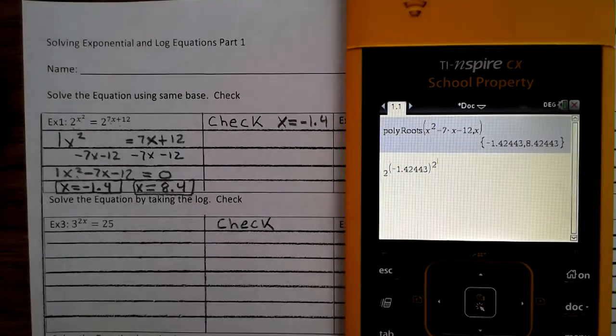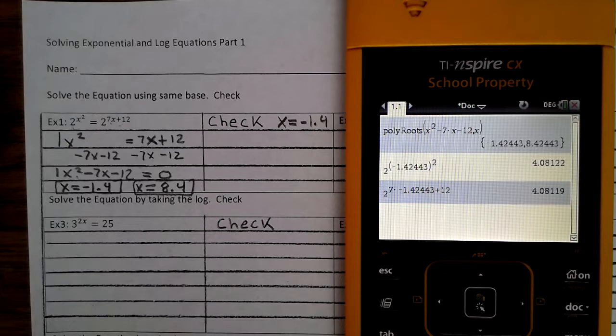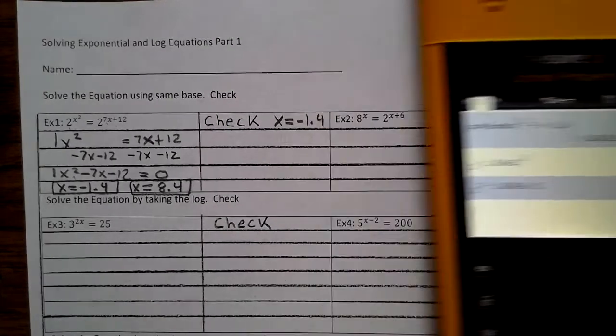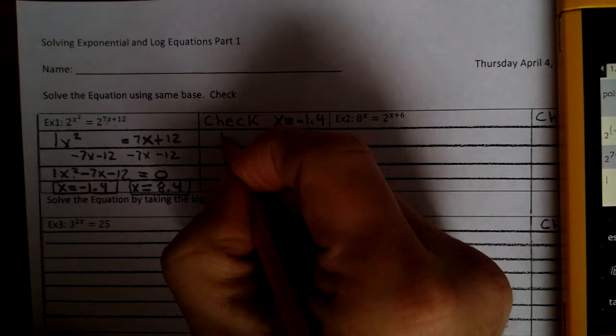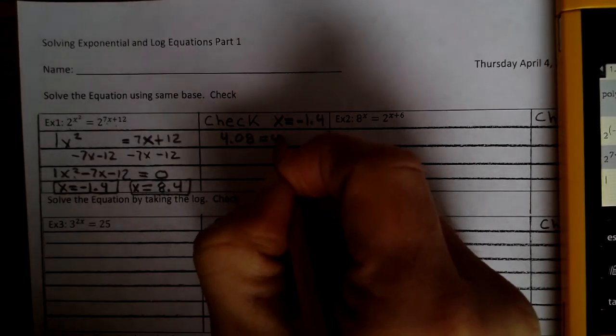And then now we're going to plug that same number into the right side. So 2 raised to the 7 times -1.42443 plus 12. You can see that the left side equals the right side, so this checks. So we see that 4.08 is equivalent to 4.08, so it checks.